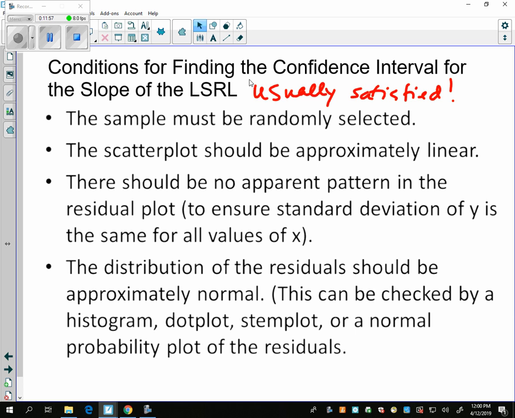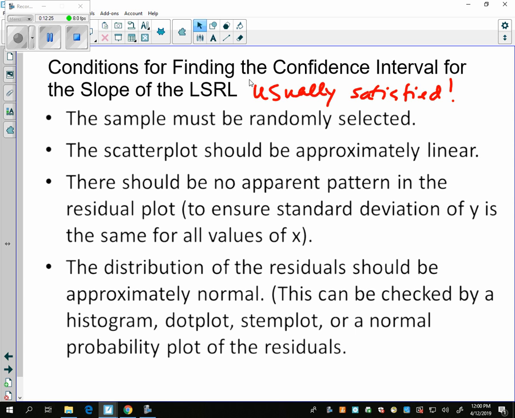Because otherwise you would have to enter in all the data, and usually that's too time consuming for the AP, so they'll say that. Because you wouldn't be able to satisfy these conditions for inference of a confidence interval or trying to figure out what the true slope is if these are not met. So it says the sample must be randomly selected. Oh, that's a big shocker, right?